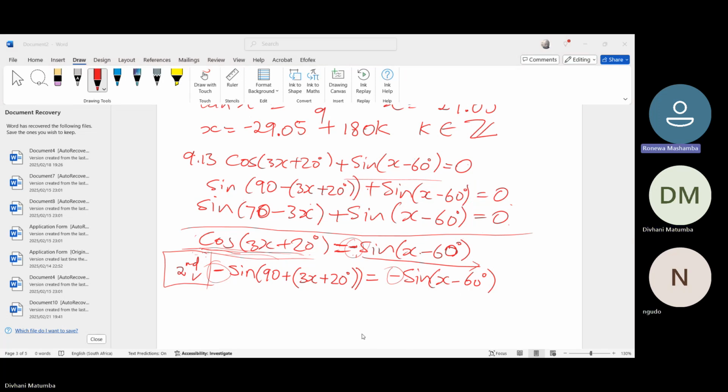I don't think so, sir. You don't think so? Don't you think this is a minus 1? Can't I divide by minus 1 on both sides? Yes, I will remove the minus. It would become positive.